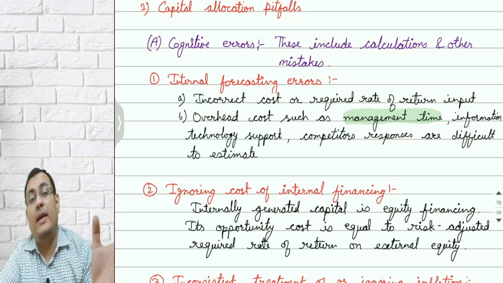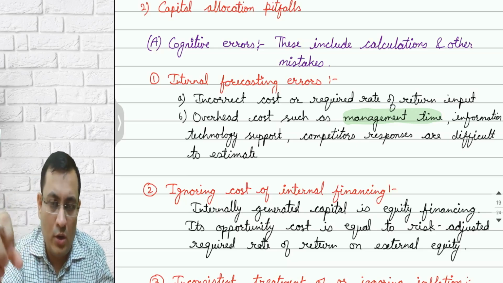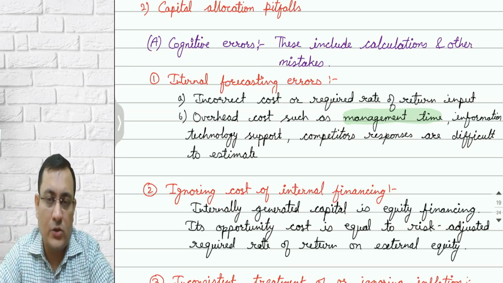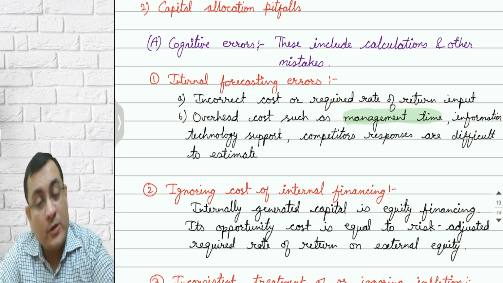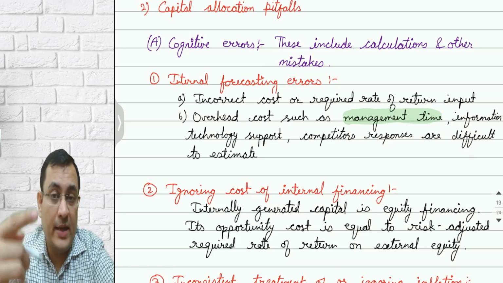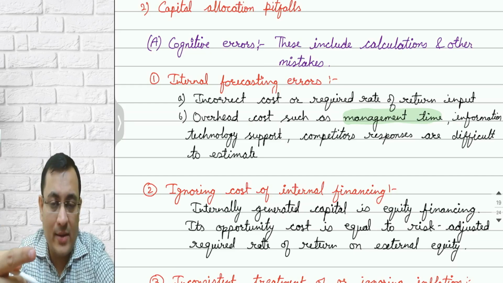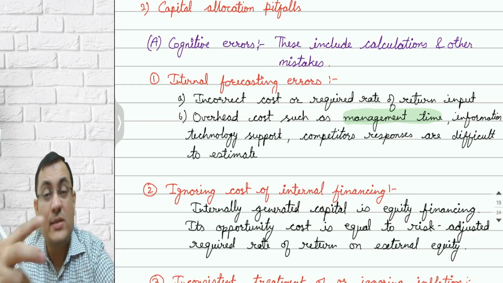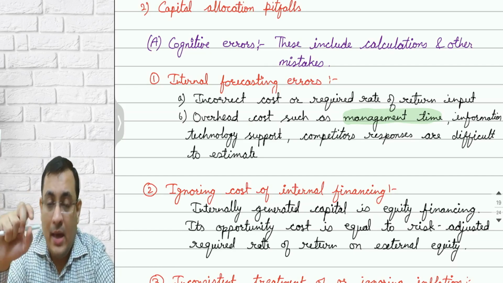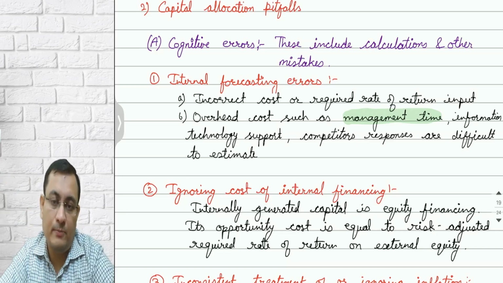Since this cost is already incurring, sometimes people ignore it, but there is an additional workload on the existing facility that is going to increase the cost of the existing facility also. So that should also be considered. We should take care about the required rate of return; the correct required rate of return should be used for investment analysis, and the other support costs or management time cost should be correctly taken. If they are not considered, it is the first error, the internal forecasting error.